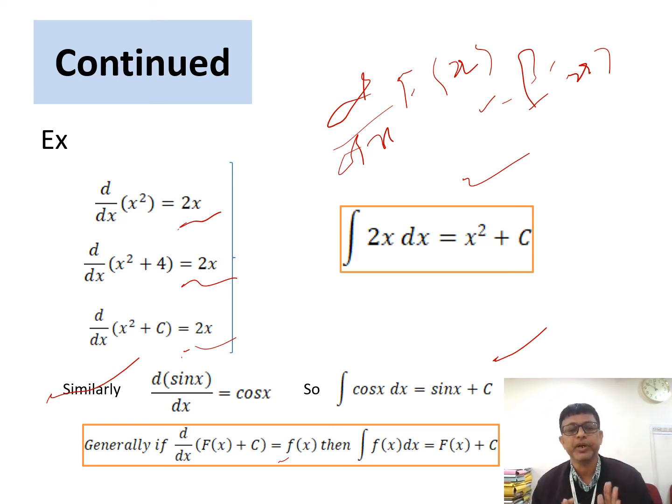That is very, very important. This is the general formula. You have to remember it. So the derivative of capital Fx plus c is equal to small fx. Here I have taken it.